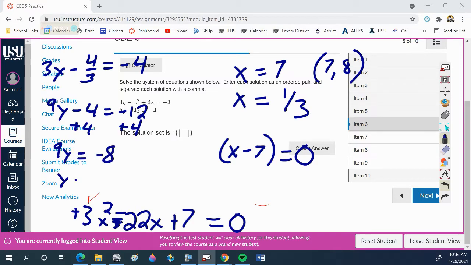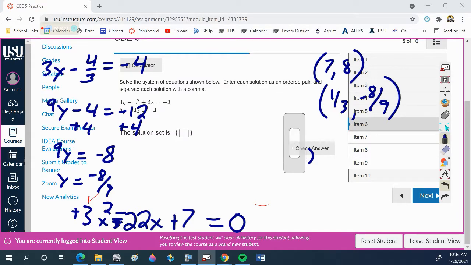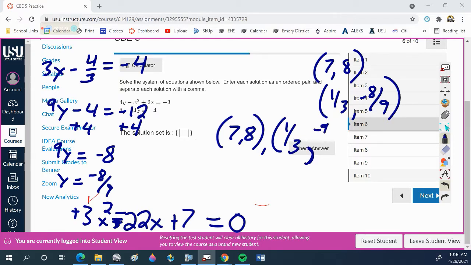Divide by 9. y is negative 8 over 9. So the other point is 1/3 comma negative 8 over 9. So my guess is that you need to do 7, 8, and then 1/3, negative 8 ninths.